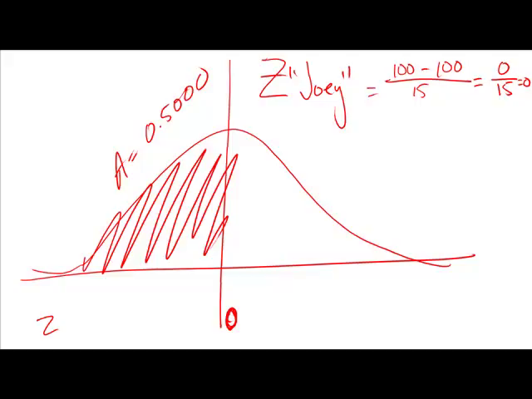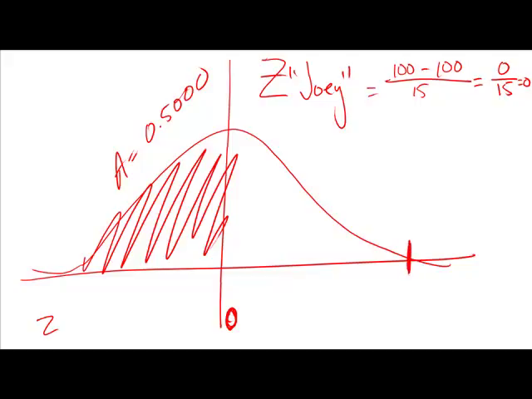Let's try to look up Einstein. Einstein's z-score was 4. The table doesn't even go that high. The table goes up to 3.49, because you have 3.4 in the rows, the bottom row, and then the 9 digit in the column.